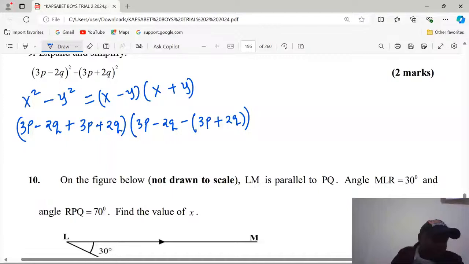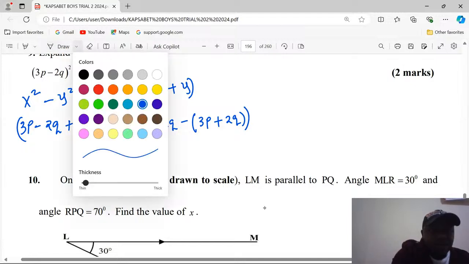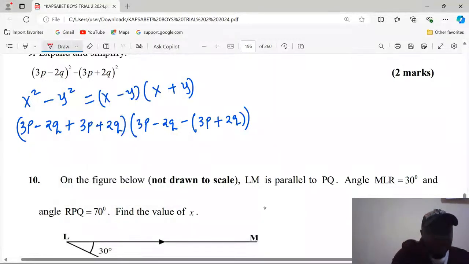We are now done. It's about grouping like terms together and winding up. In the first case, we will have 3p plus 3p, giving us 6p. Q, that one becomes extinct.